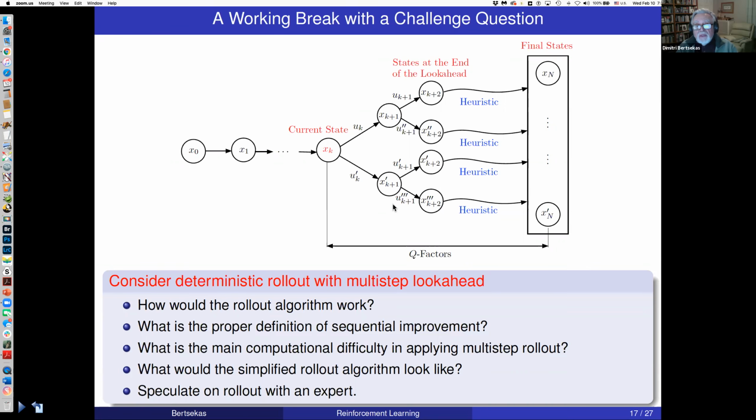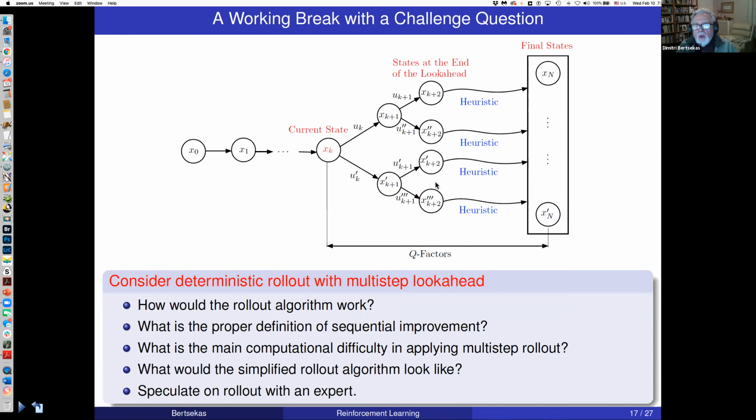At what stage? How about the states at the very end? Why do we need to run the heuristic from these states? We can just go here, run the heuristic, go here, run the heuristic, and so on. I suppose you could. So will that work?